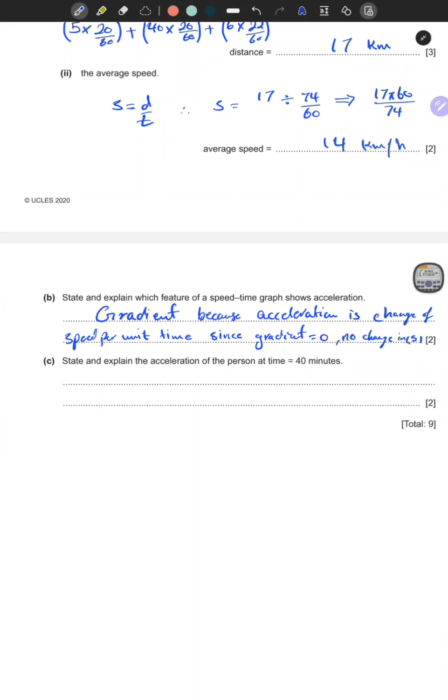Since it's a horizontal line, the gradient equals 0, no change in speed, and in brackets I can say speed is constant. Okay, that's all for a total of 9 marks.